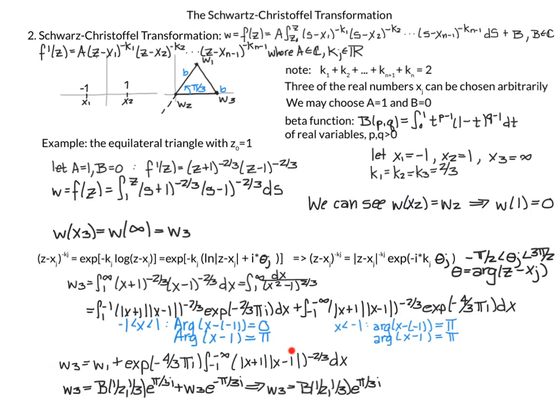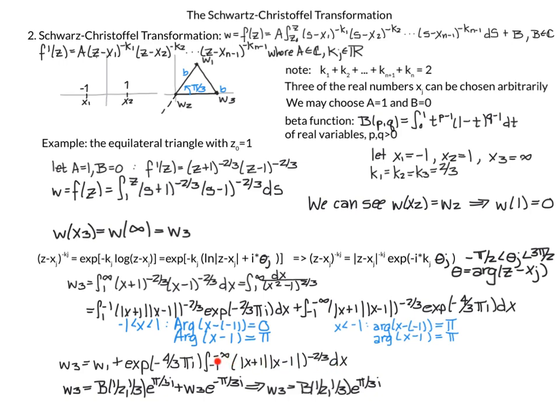When we saw this equation for W3, we get W3 is equal to W1, which was b times the beta function of 1/2, 1/3, times e to the pi over 3 i. Again, this is W1, which we had worked out previously. And then we have this expression here, the integral from -1 to infinity.